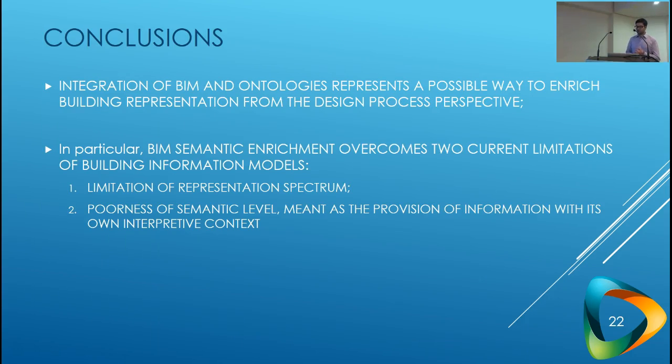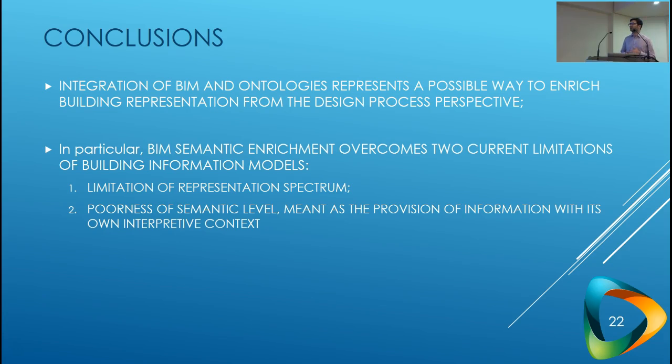So skipping to the conclusion, talking more generally about BIM ontologies, we believe that BIM ontologies and their integration represent a possible way to reach building representation from the architectural building design perspective. As I showed you before, this BIM semantic enrichment is oriented to overcome two limitations.